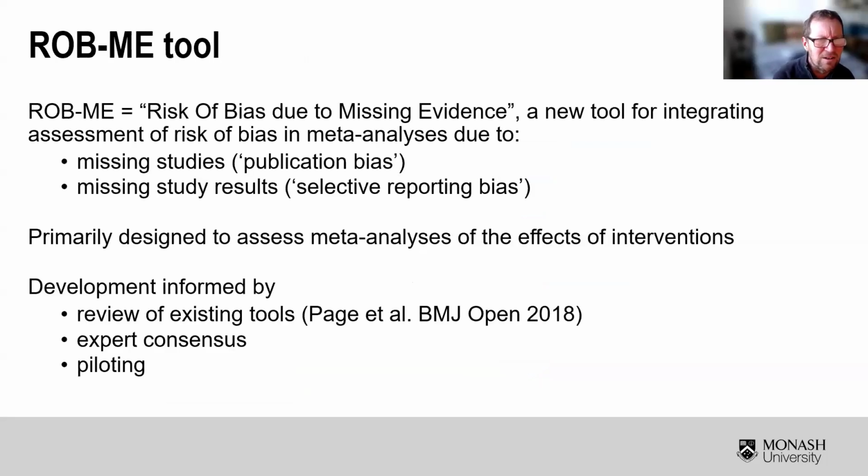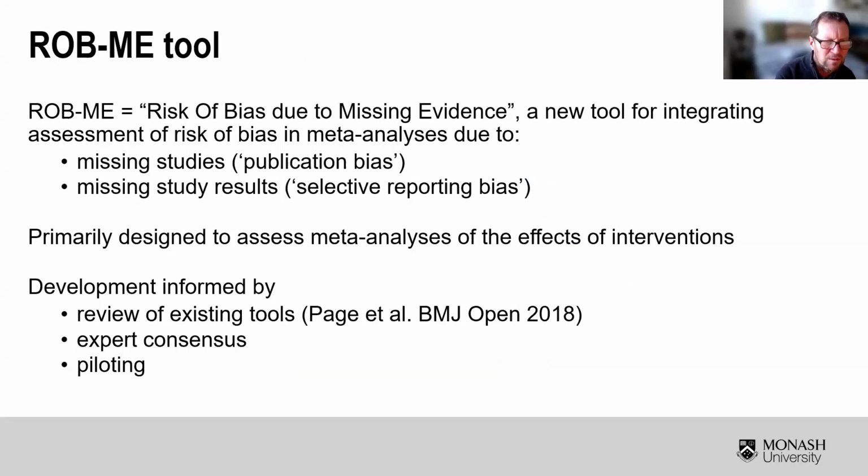And that led to the development of the ROB-ME tool, which we're talking about this morning, and which is a new tool for integrating assessment of risk of bias in meta-analyses due to missing studies, that's publication bias, or missing study results, that's selective reporting bias. The tool is primarily designed to assess meta-analyses of the effects of interventions, and is likely to work best when we're dealing with meta-analyses of randomized trials.